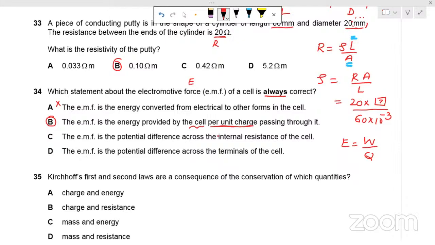The EMF is potential difference across the internal resistance of the cell. No, the potential difference across the internal resistance is energy lost per coulomb charge inside the battery. EMF is the potential difference across the terminals of the cell. Now EMF and the potential difference both have unit of joule per coulomb.